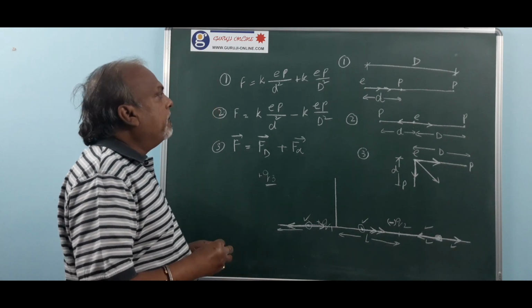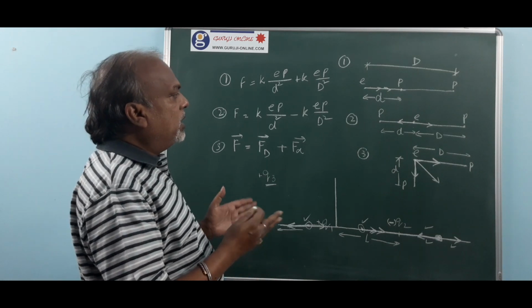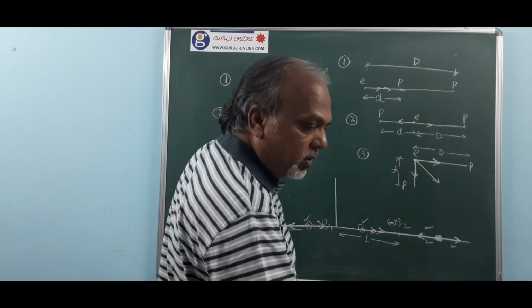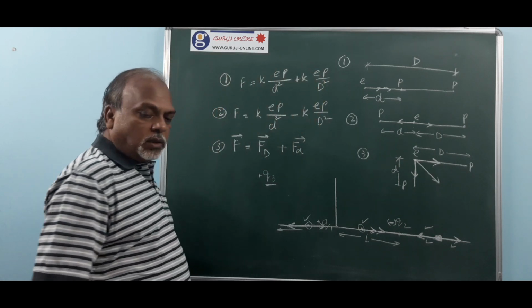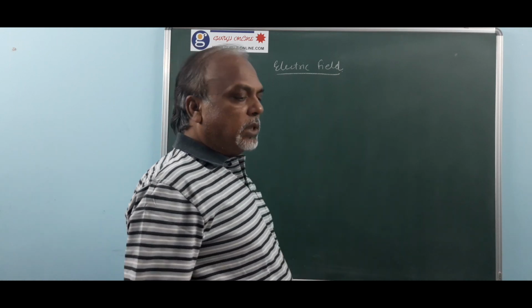Now let us see one more thing associated with this, that is the electric field. So let us see what electric field is. Electric field is also associated with charges.